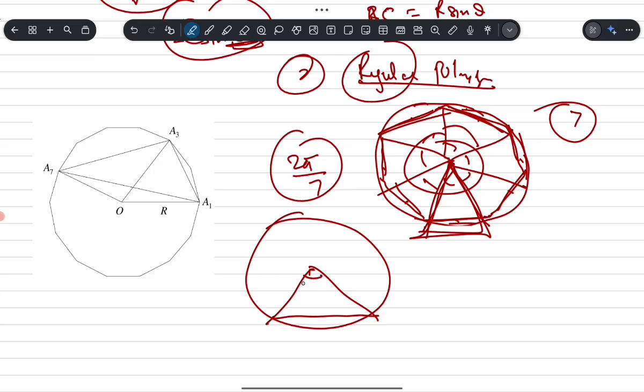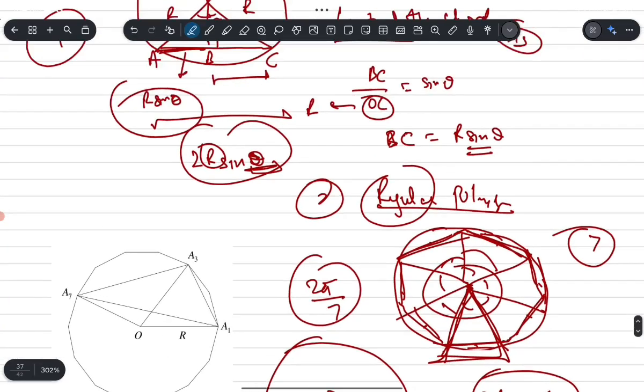This whole angle is 2 pi by 7. If I drop the perpendicular, I'll have pi by 7 and pi by 7, right? This thing is going to be r sine pi by 7, and this is also r sine pi by 7. So the side of that polygon would be 2r sine pi by 7.